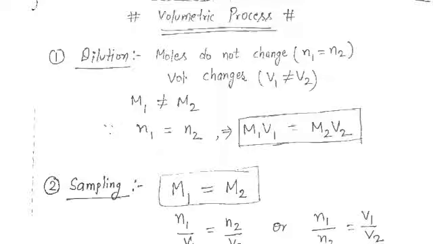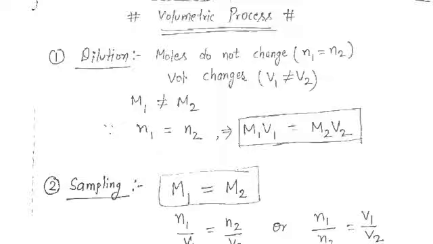In dilution, you know very clearly that moles cannot change, but volume can change. Definitely volume is changing. But in the definition of molarity, a 2 molar solution, it is the number of moles upon volume.